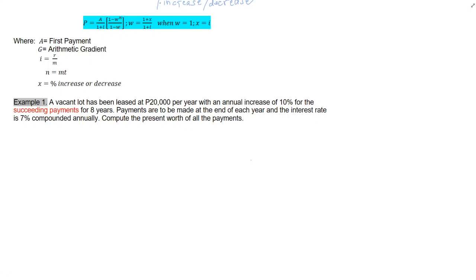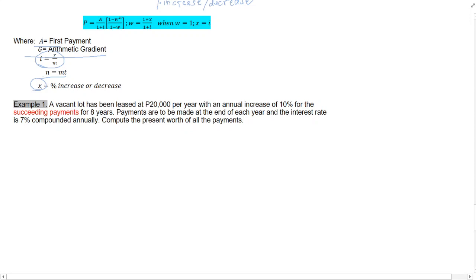Your w there is written as 1 plus x, the increase or decrease in percent, divided by 1 plus the interest rate. When your w is equal to 1, your x is equal to the interest rate. A there is the first payment, of course, G is the arithmetic, and i there is always r over m. For the x there, that is the percent increase or decrease.